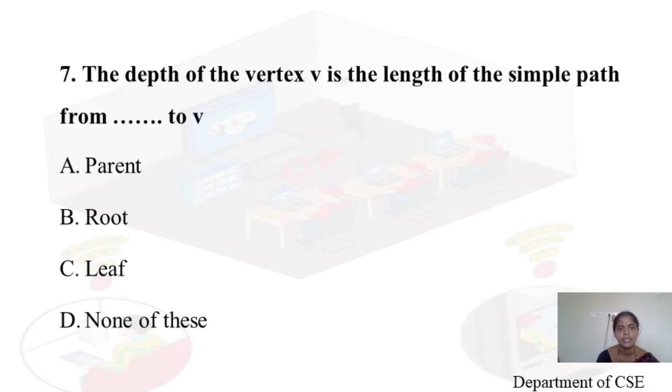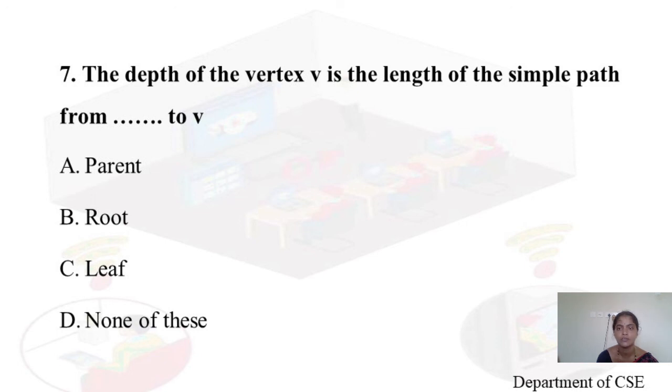Next, the depth of a vertex V is the length of the simple path from dash to V. We define depth for a vertex.